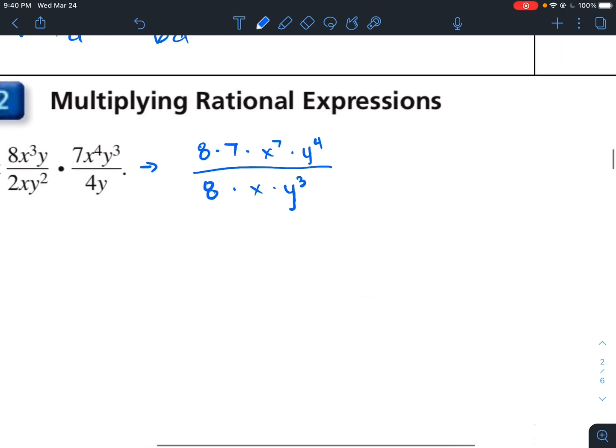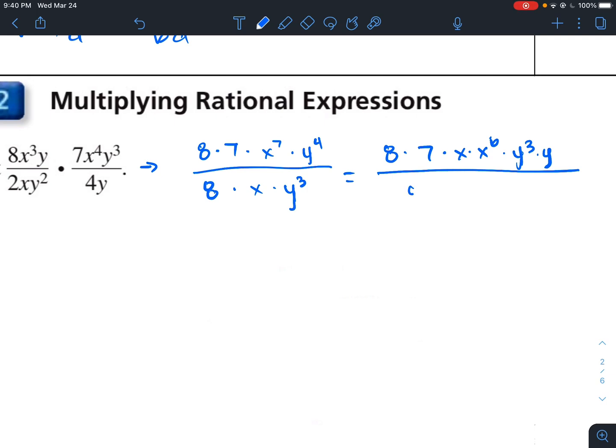So before I start canceling things out, I have 8 times 7. You see here I have some x's, so I'm going to take this x to the 7th and call it x times x to the 6th power. And then this y to the fourth, I'm going to rewrite as y cubed times y.